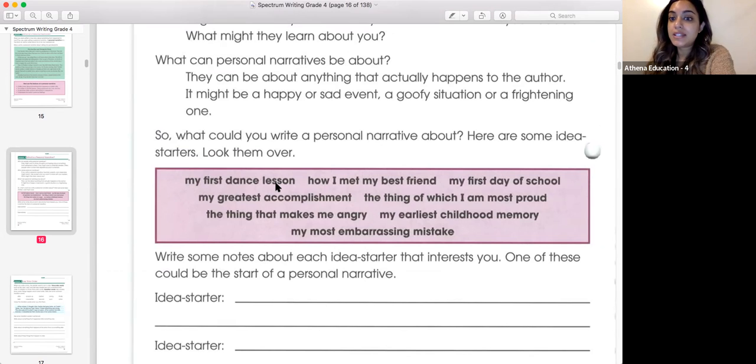My first dance lesson, how I met my best friend, my first day of school, my greatest accomplishment, the thing of which I am most proud, the thing that makes me angry, my earliest childhood memory, and my most embarrassing mistake. These are just some ideas of things that you can write about.